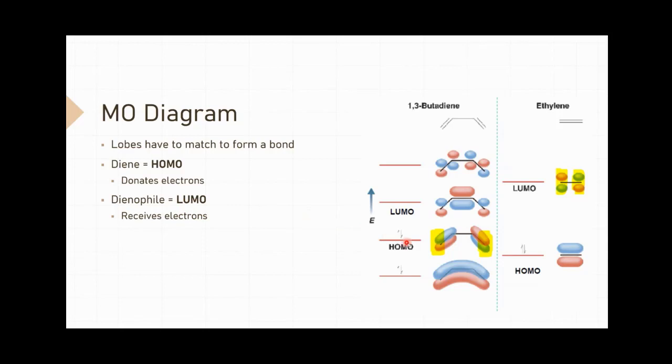The dienophile is what needs electrons, so it is doing the receiving, and whichever one is doing the donating of electrons will be the HOMO. The reason why these two connect to each other is because these orbitals match up with the orbitals over here, the ends of this molecular orbital.